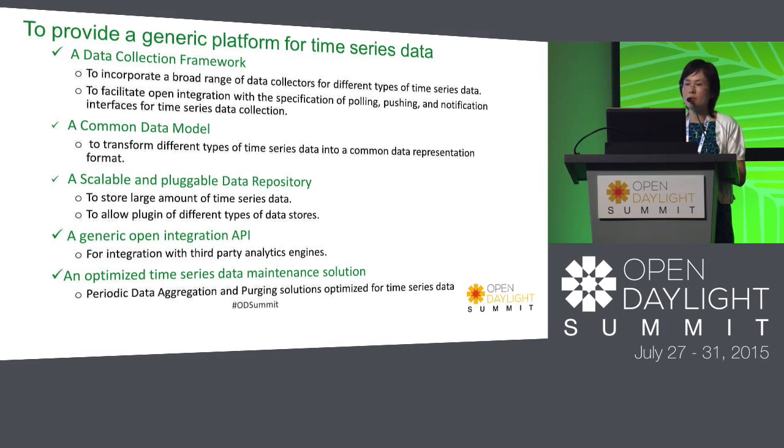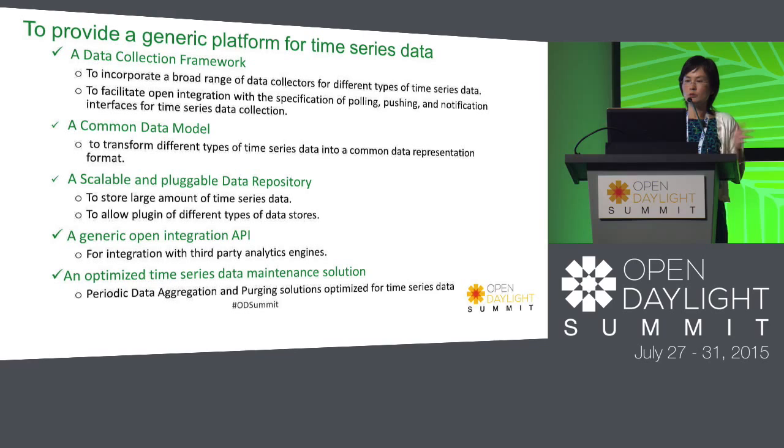And the second one is the common data model, because we understand there are different types of data, and even different formats of the data from different data sources. In order for the data-driven application to extract useful information out of it, we really need to convert all different types of data into a common data model, and then the data-driven application can extract information out of it.